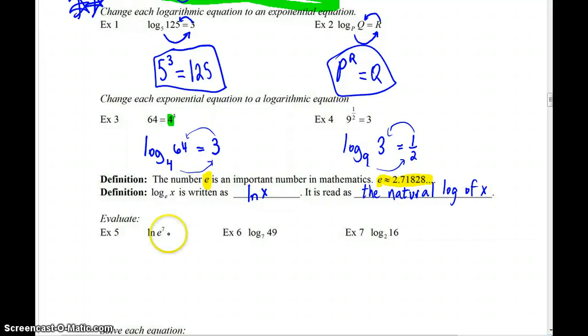Okay, for our next set of problems, take 5, number 6, number 7, set them all equal to x. And what we'd like to do is find out what this x is. It says evaluate. Well, we've got the natural log. Remember, natural log is just like the common log in that a base is understood.